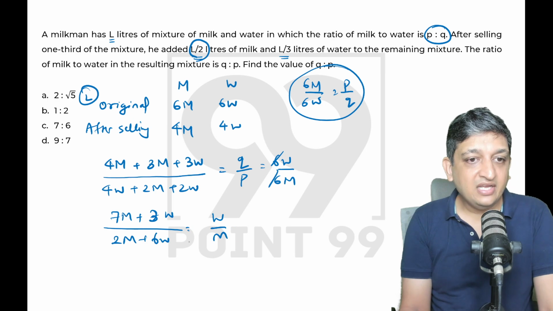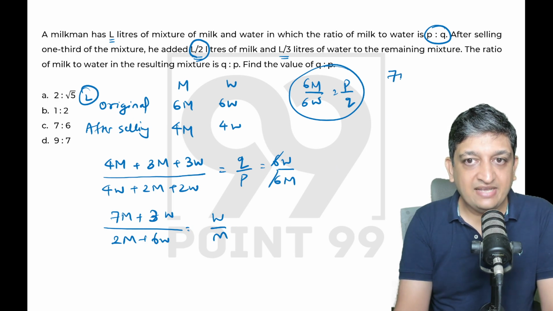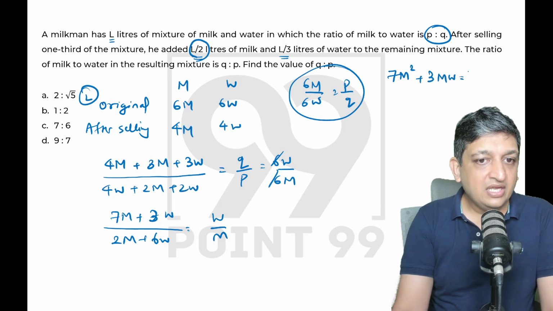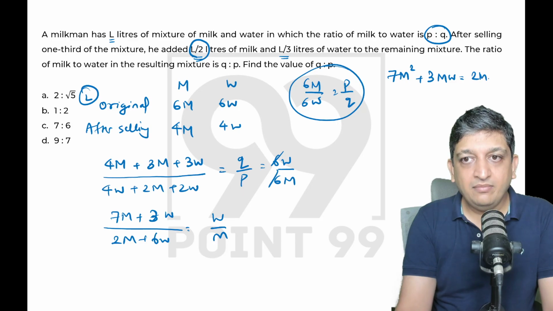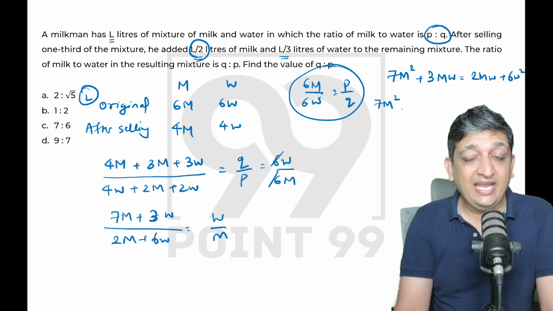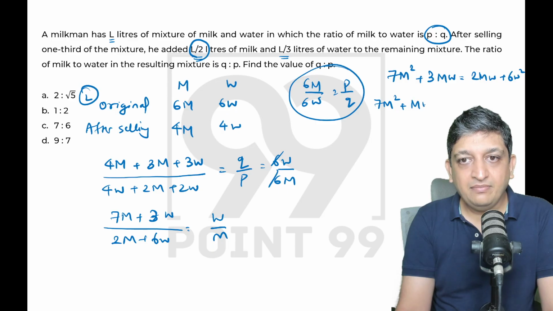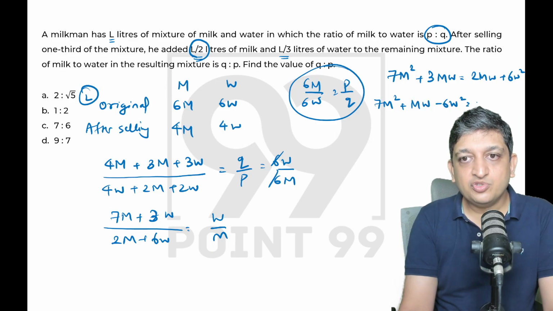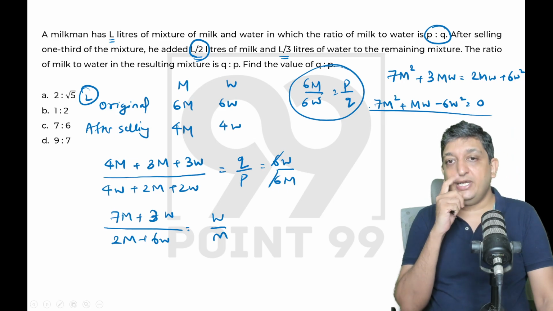Now what are we going to get? If I cross multiply, I am going to get 7m square plus 3mw is equal to 2mw plus 6w square. If I take everything to one side, I am going to get 7m square plus mw minus 6w square equals 0. This is what I am going to get.